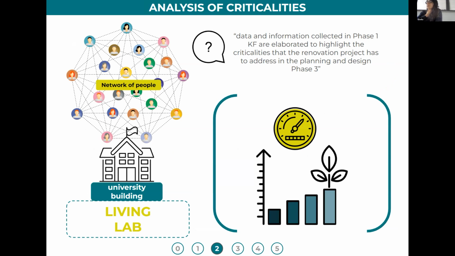This data and information are elaborated to highlight the criticalities that the renovation project has to address in the following phase, phase 3, planning and design. So it is an in-between moment between the existing building and the future building that we will develop in the third phase. It is the moment in which we have to understand which are the criticalities of the building.